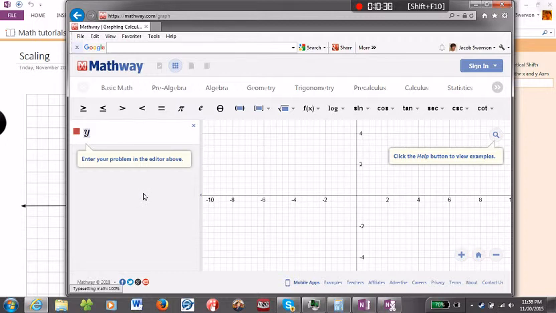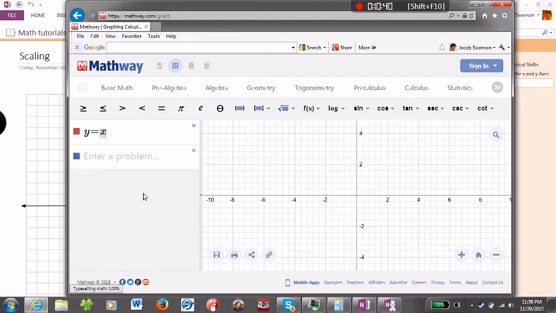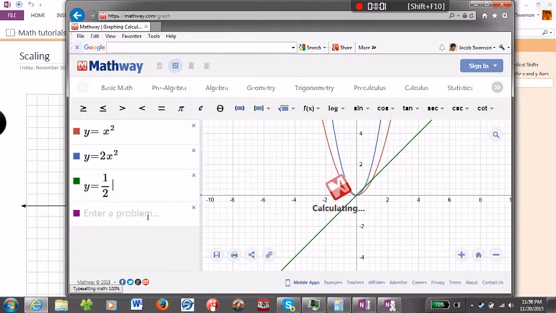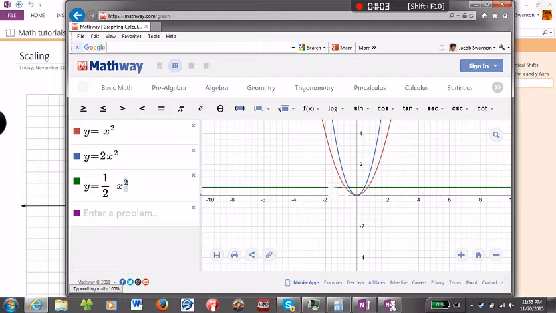So I'm going to go y equals x squared, just to show you that I'm not just full of it. Y equals 2x squared. I'm going to plot these same graphs, and you will see that what I'm saying is true. There we go.